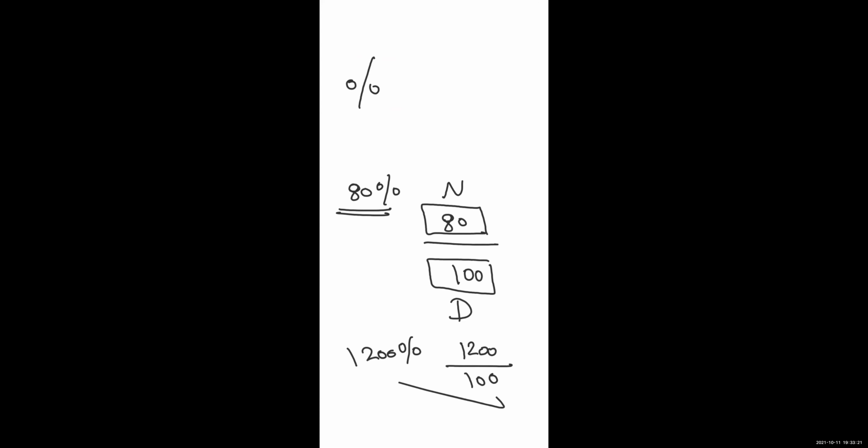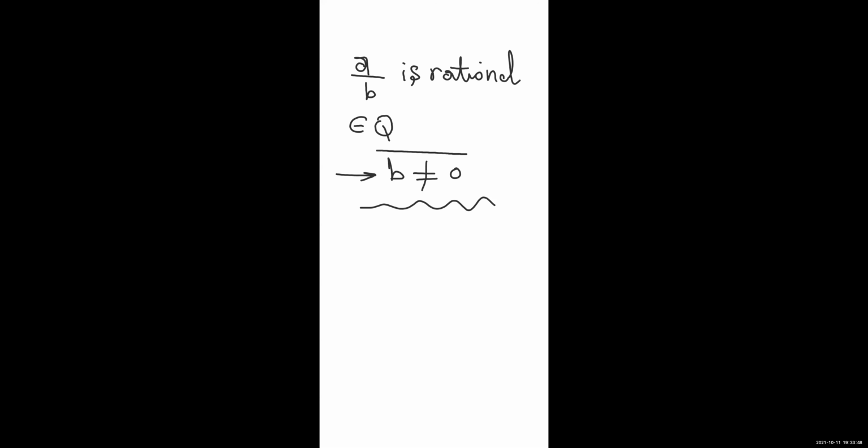So now we agreed that a over b belongs to Q, therefore b is not equal to 0. If a over b is rational, b will never equal 0.